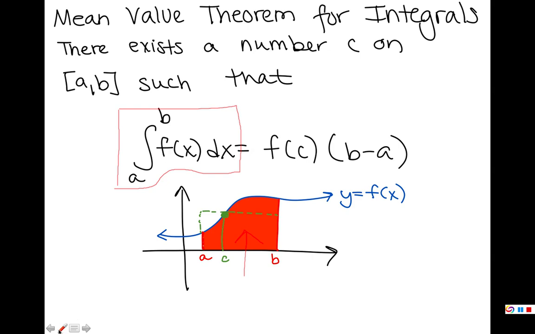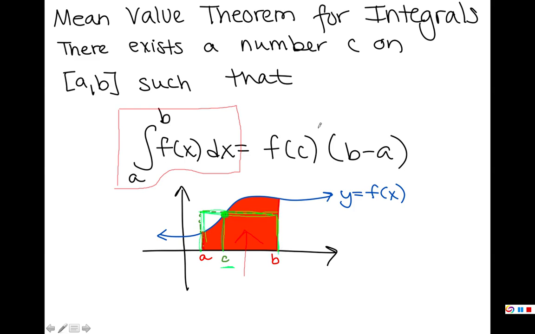The mean value theorem is telling me it is possible to create a rectangle with the exact same area. So I can pick some number. There has to be a number c in this interval, somewhere between a and b, such that if I were to draw a horizontal line at that y value, that's my f of c, I would create a rectangle with the exact same area as the shaded region in orange.